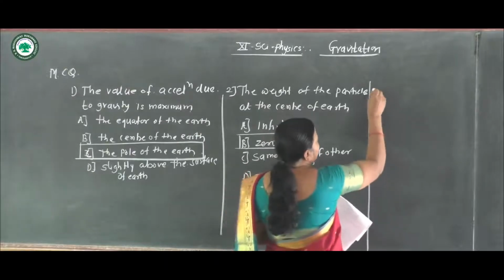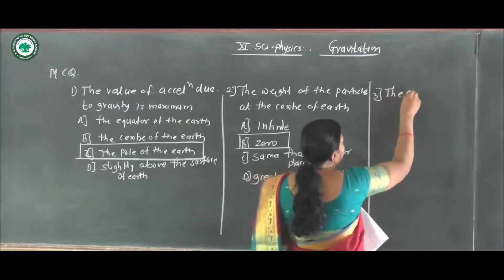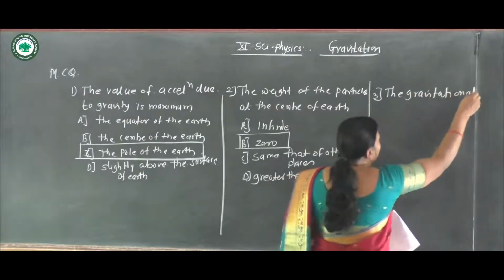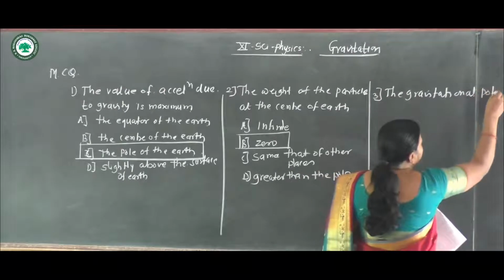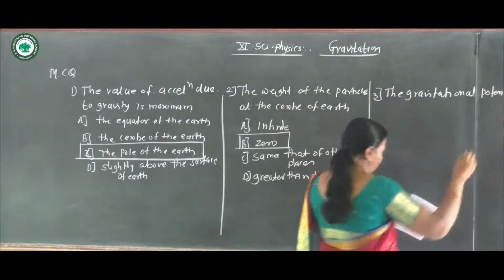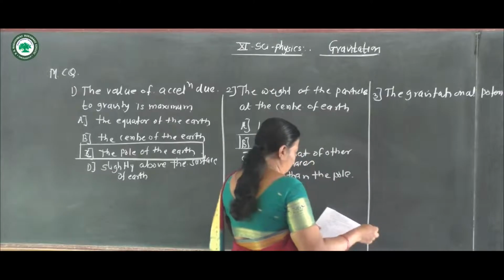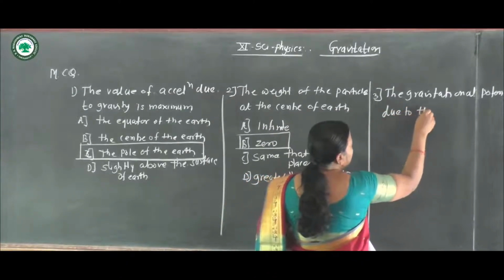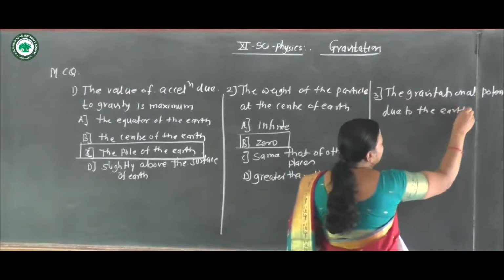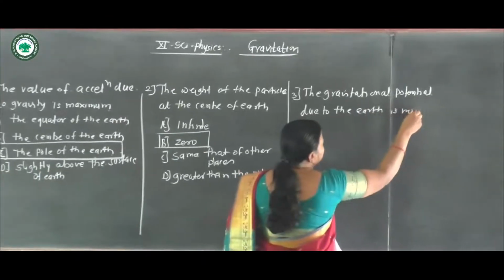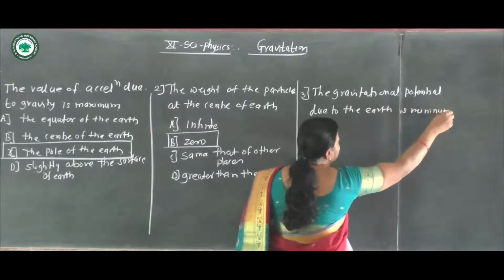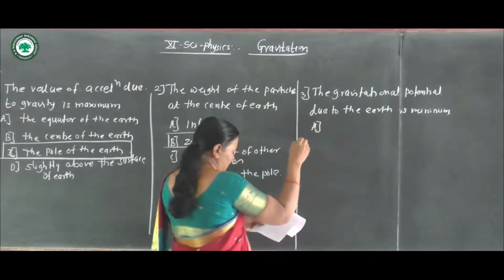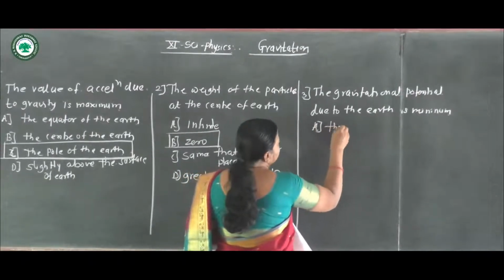The gravitational potential due to the earth is minimum. First option, the center of earth.